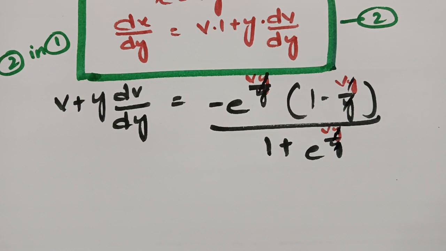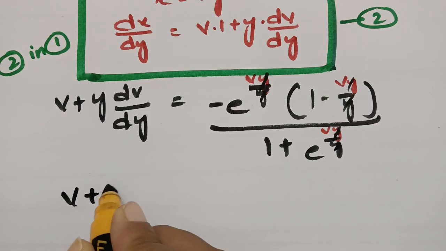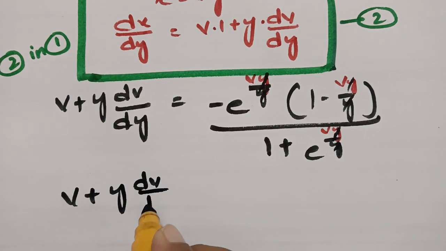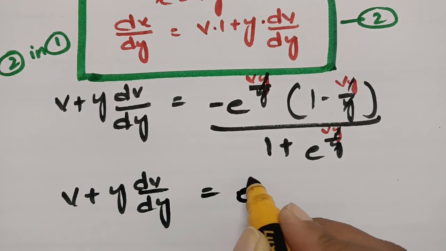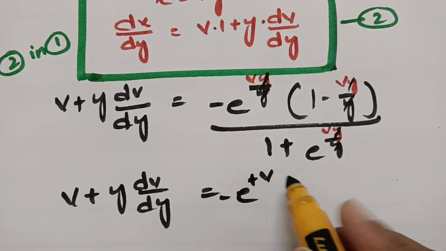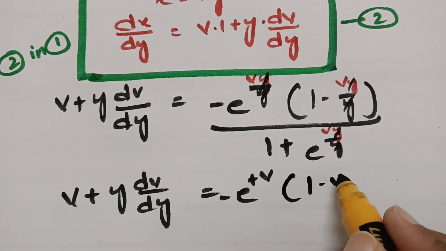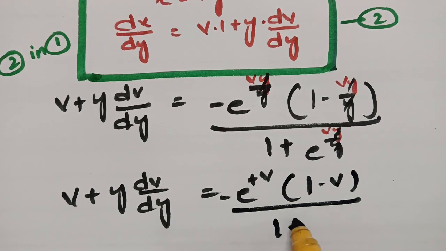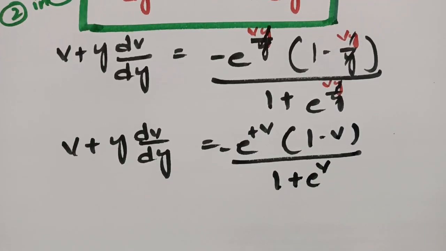See what remained here. This is v plus y into dv by dy is equal to minus e power v times 1 minus v, divided by 1 plus e power v. Clear?